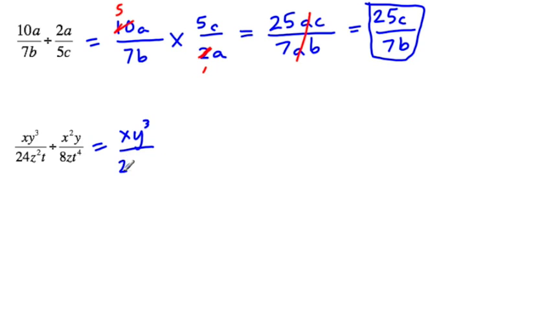xy to the third over 24z to the second t times, flipping the second term, 8z t to the fourth over x squared y.